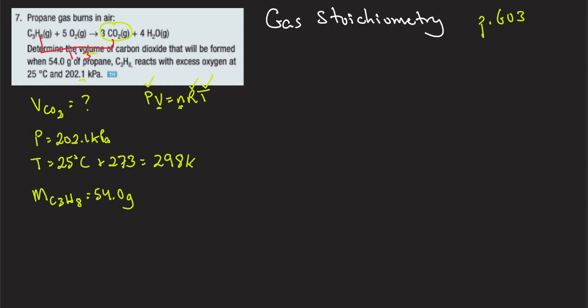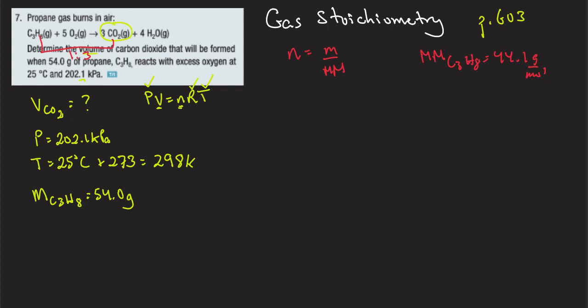Okay, so in order to do that, we have to convert our mass of propane to moles of propane. We know that moles are equal to mass divided by molar mass. And looking at your periodic table, we need the molar mass of propane to make this conversion. So let's write that down. Molar mass of propane is 44.1 grams per mole.